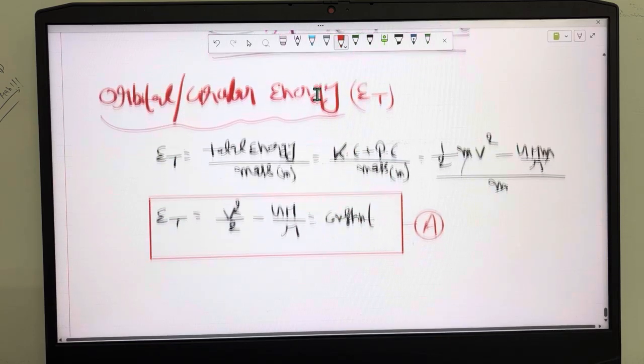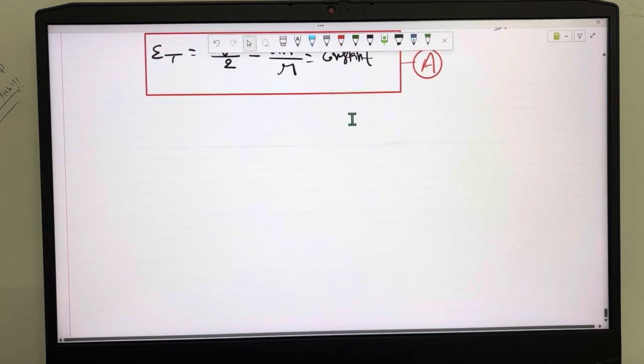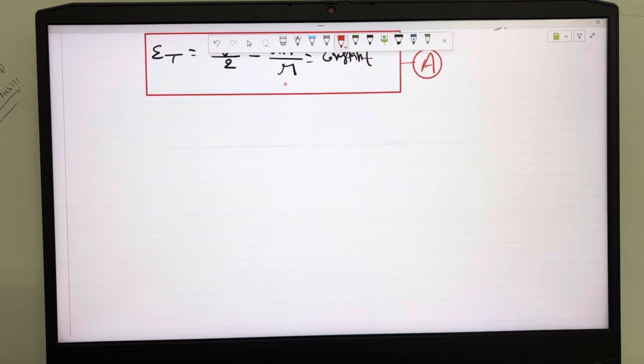Now draw one table, and you have to remember this table at any cost, because from this table a 1 mark question comes every year, definitely.